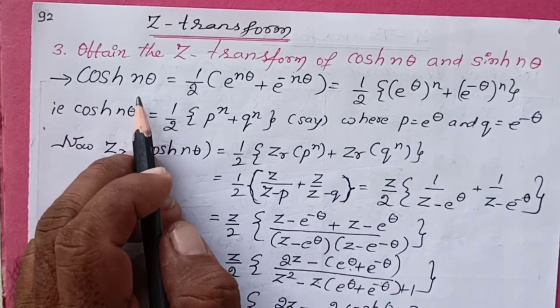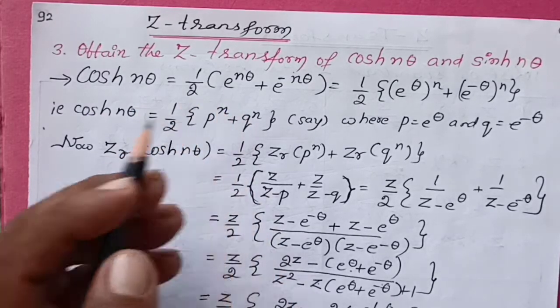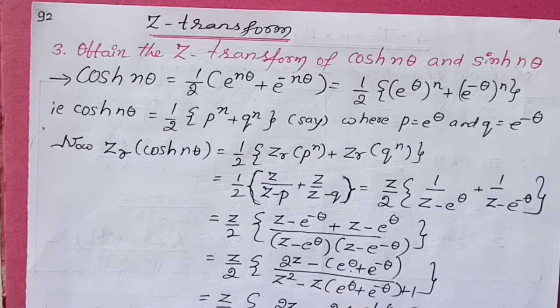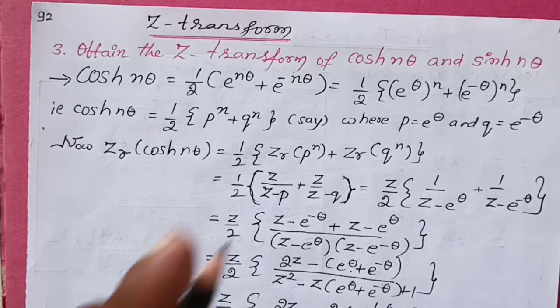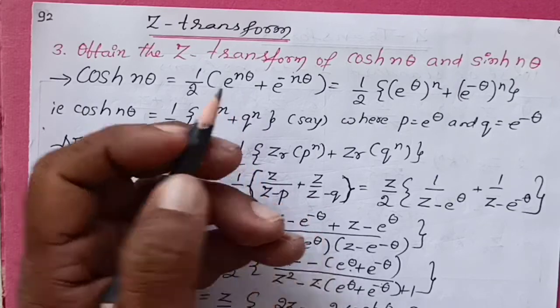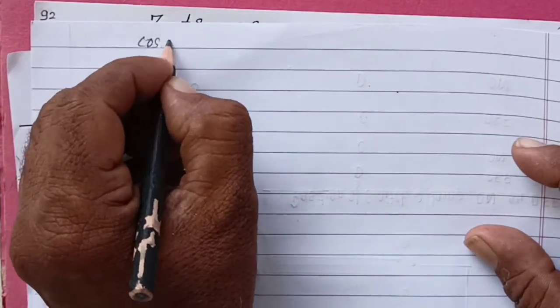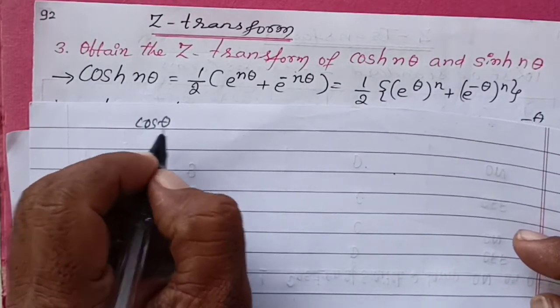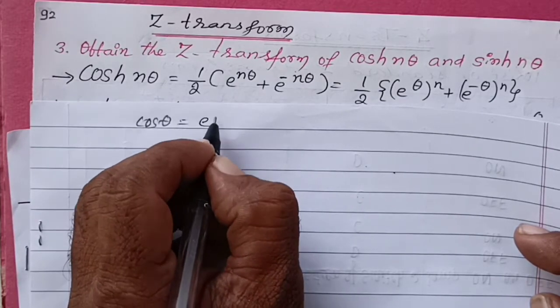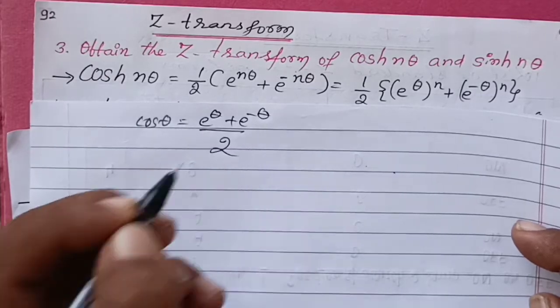So cos hyperbolic n theta is nothing but e raised to n theta plus e raised to minus n theta. Or we can say cos hyperbolic theta is equal to e raised to theta plus e raised to minus theta divided by 2.